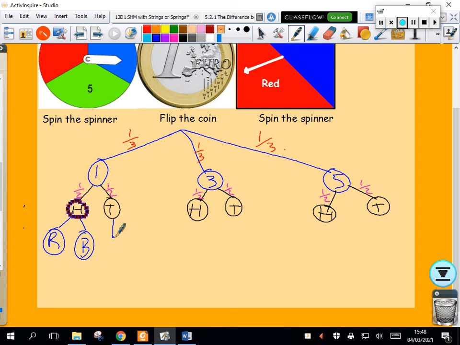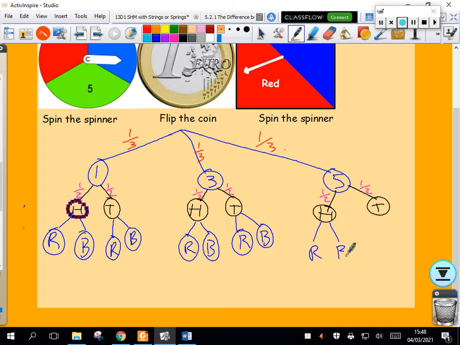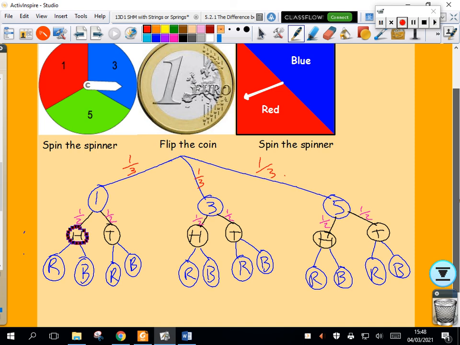If it had been 1 and then tails, the possible outcomes for the third one are still red and blue. And I hope you can see that no matter what has happened before, red and blue are still my possible outcomes for my final task. An important thing to note is that it doesn't matter what has come before.